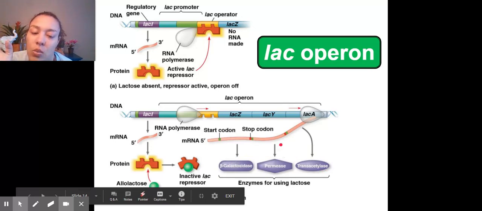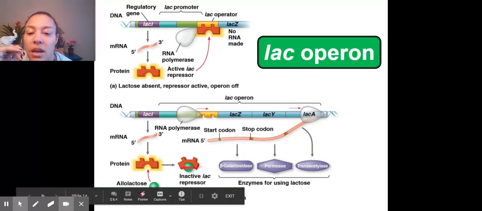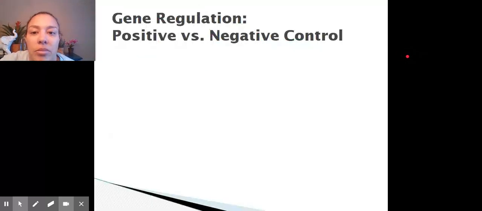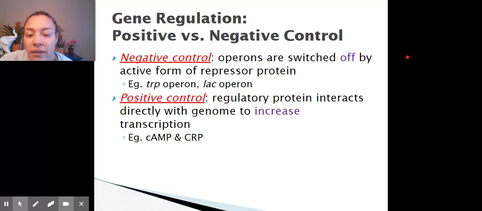And then once everything for our lactose has been utilized, then that regulatory gene, RNA polymerase will go through and create that repressor again, which will then go and block and shut down that operon.